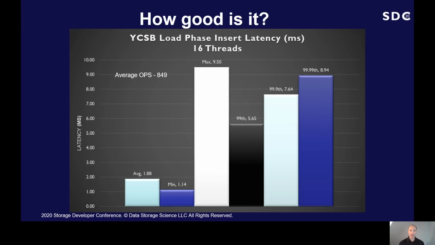And so this is the load phase insert latency for 100,000 keys, or rather 10-byte keys and 100-byte values, I'm sorry, because that seems to be what the YCSB standard is. This is the creation of the database latency, basically, and it's actually pretty performant.